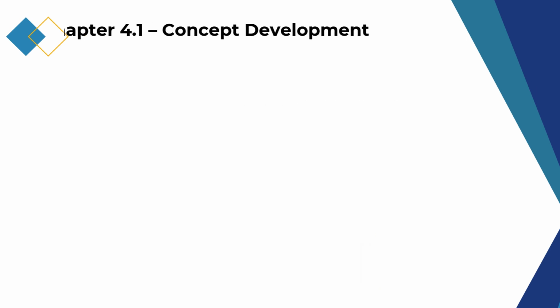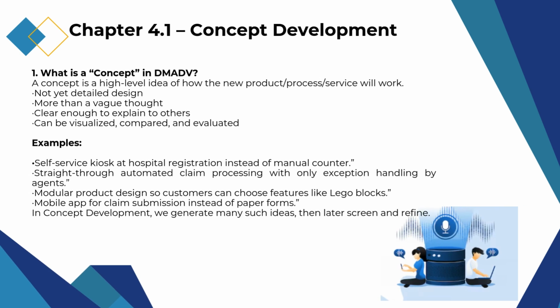requirements. In DMADV, a concept is a clear, high-level idea that explains how a new product, process, or service will work without going into detailed design. It is more developed than a simple thought, but still flexible, making it easy to explain, visualize, compare, and evaluate with others.